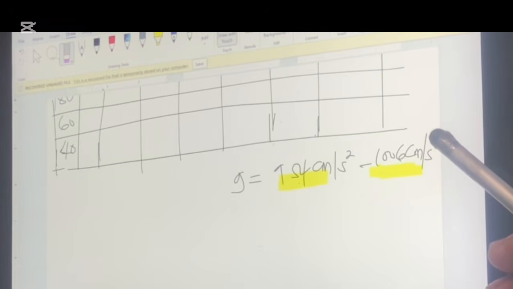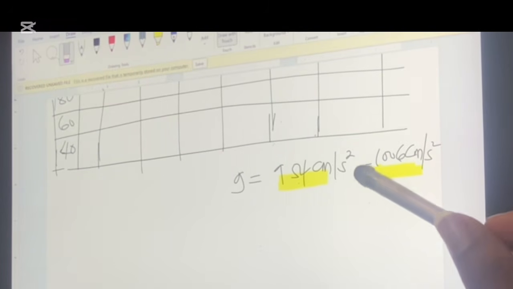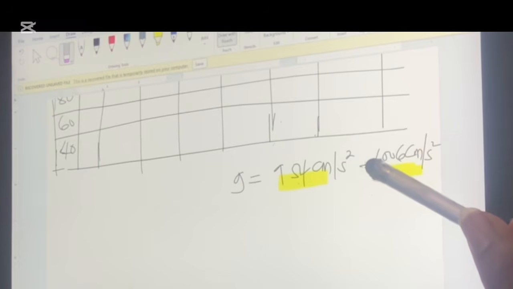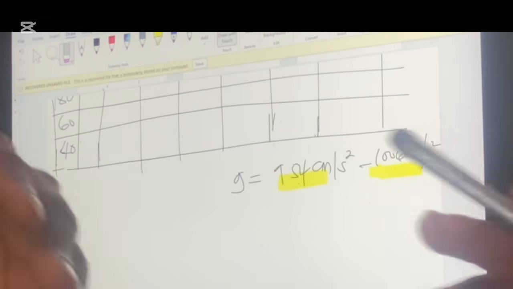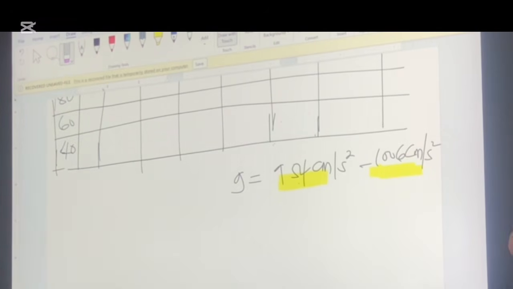So that range is from 954 to 1006. That means if you conduct your practical and the value of g you get is 955, you are also in line with the value of g. That is, your value is also correct.